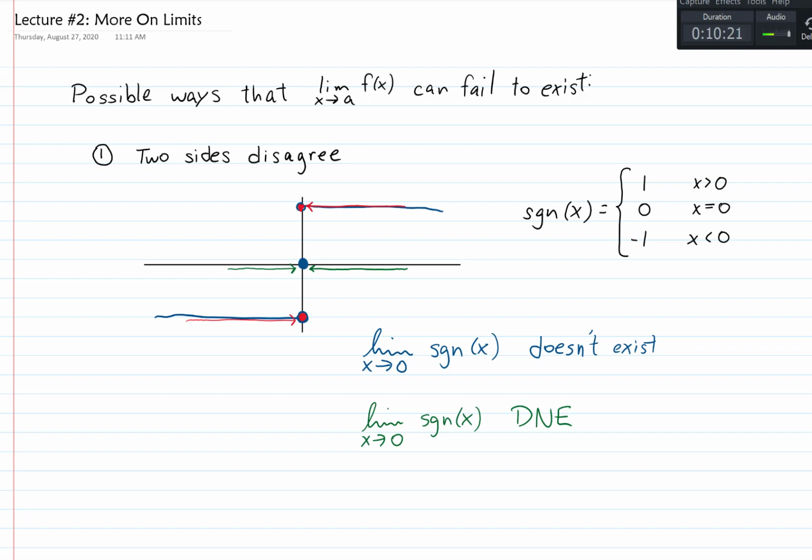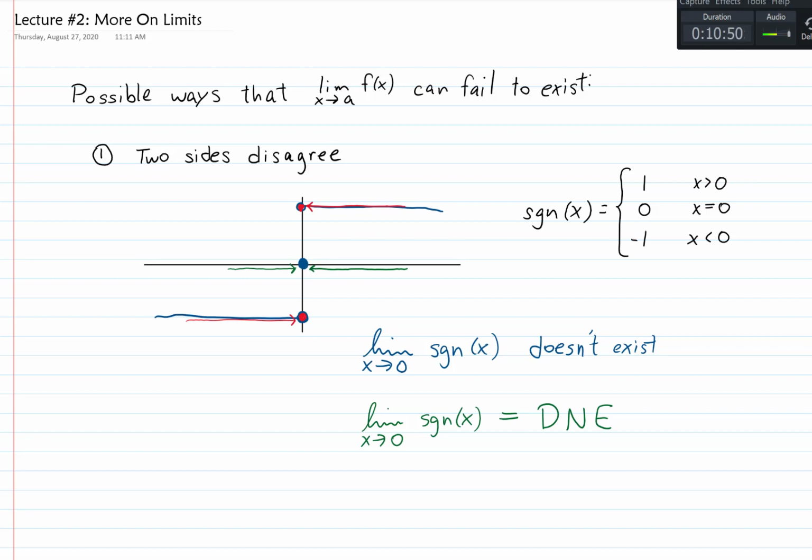Here's what bugs me a little bit: people usually write equals DNE, because as soon as they start the problem, they write the limit, then wait to figure out the answer and fill it in. When they find out that the limit doesn't exist, they write DNE there. I'm not going to mark you wrong if you do that, but grammatically speaking, that doesn't make sense.